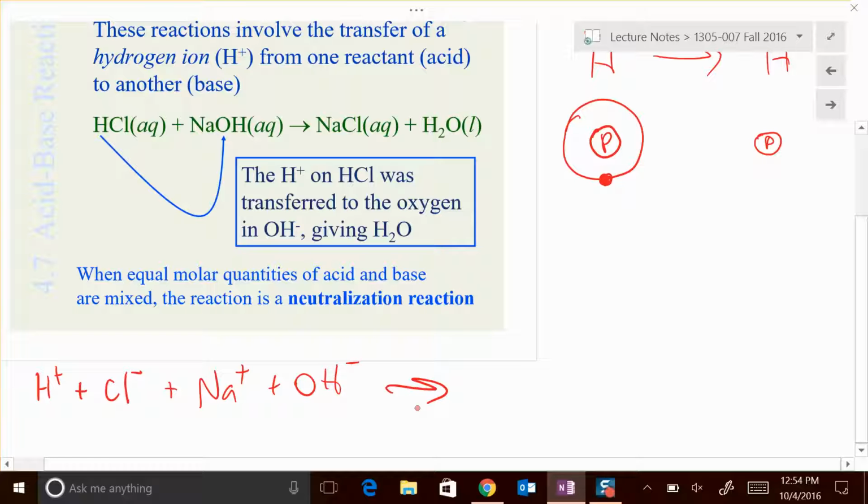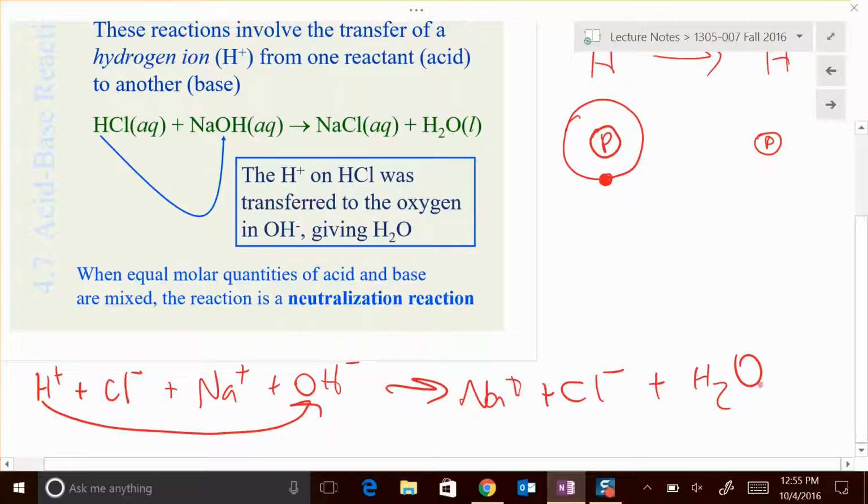The sodium and chlorine, they're not actually going to do anything. They're going to remain dissolved. They're aqueous, right? But the H plus and the OH minus are going to form H2O, liquid water. So that's the reaction that occurred.